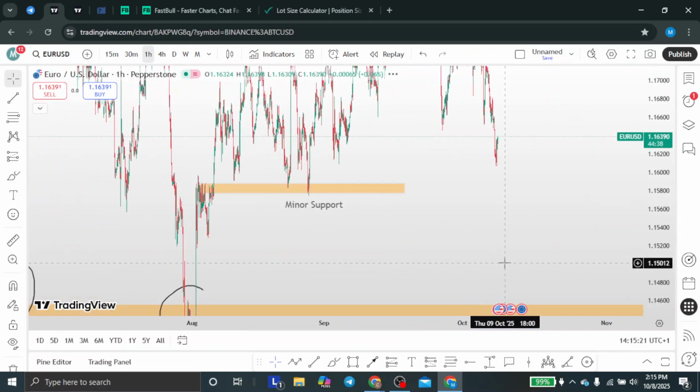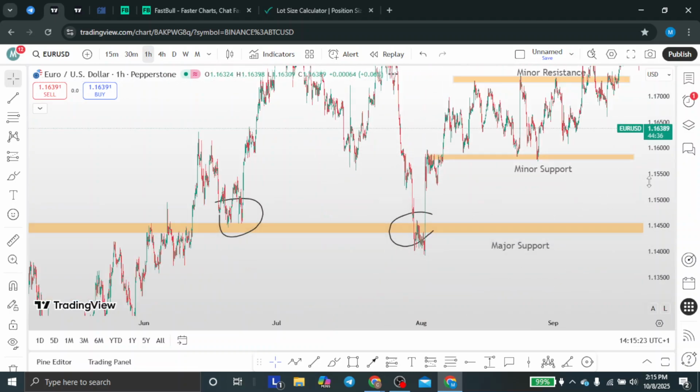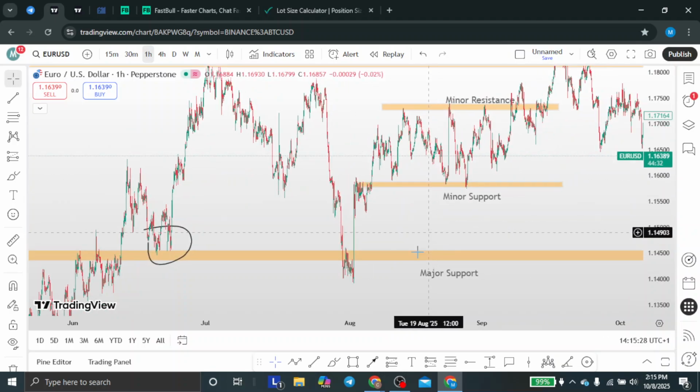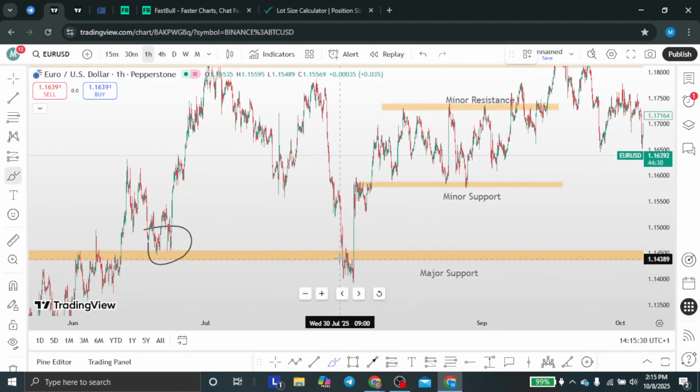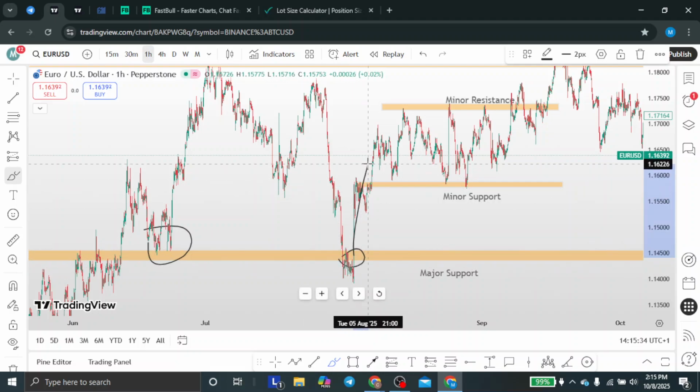But for the minor one, let's assume we entered a buy position at this major support here. Price came all the way here and started testing this level.